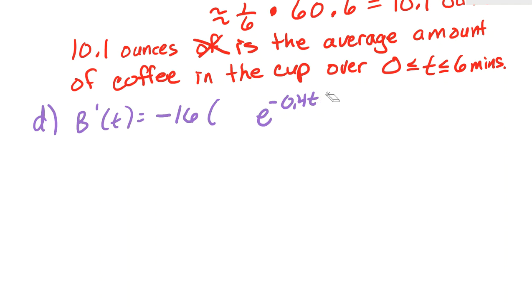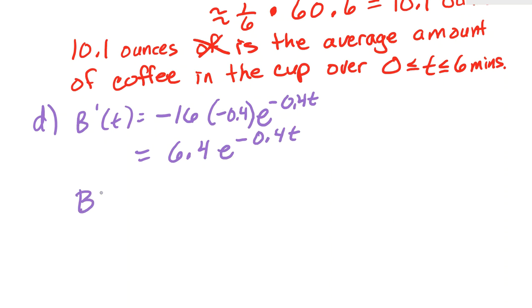So then we're going to multiply by the negative 0.4. So we will come up with a positive 6.4. 4 times 16 is 64. E to the negative 0.4t.